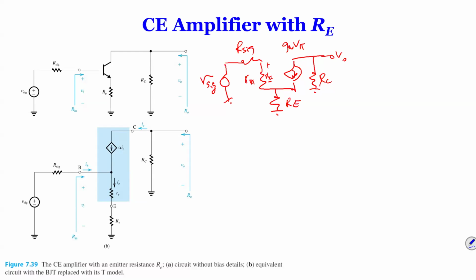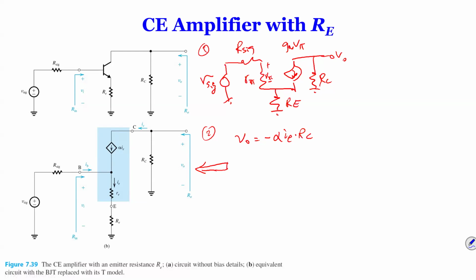And so in this case, we can find the gain by using this T model. We have VO equal to minus alpha times IE times RC.